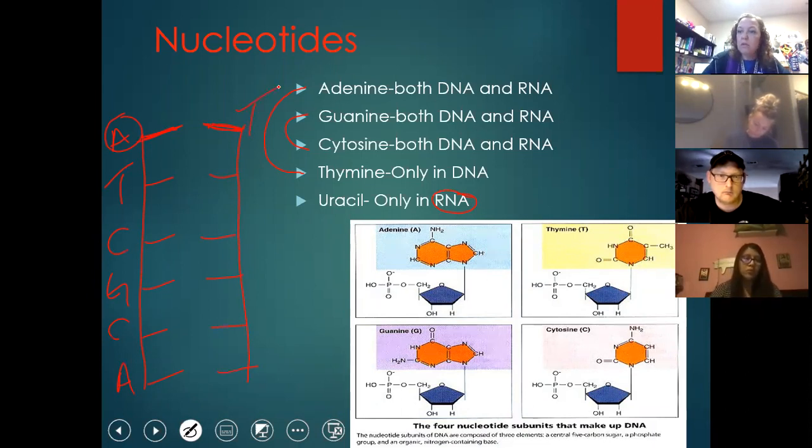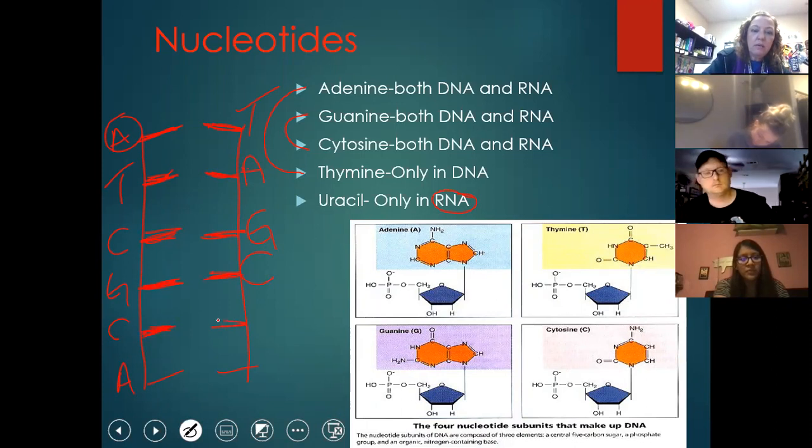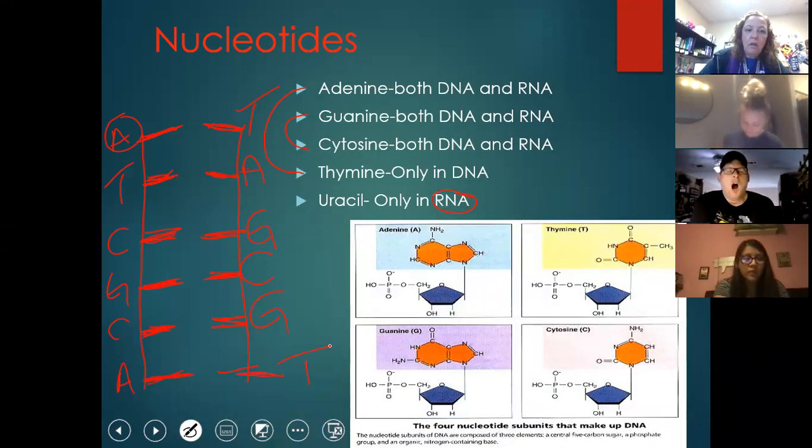Thymine. If this is thymine, what does this have to be? Adenine. If this one is cytosine, this has to be guanine. And again, guanine, this one has to be cytosine. Same thing here, another cytosine, we know that this one has to be guanine. Here we had another adenine. Look, guys, we just made DNA.